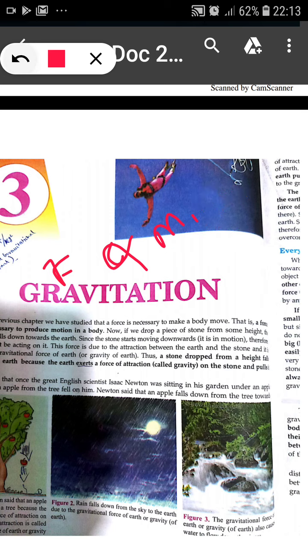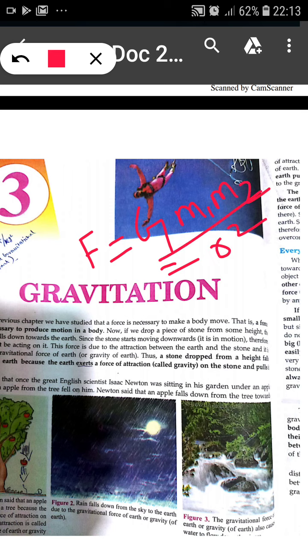To convert this proportional sign into an equal sign, we use a proportionality constant, and in these numericals we will be using this gravitational constant. So it is F equals G m1 m2 upon r square. The m1 and m2 are the masses of the two objects, and r shows the distance between those two objects.